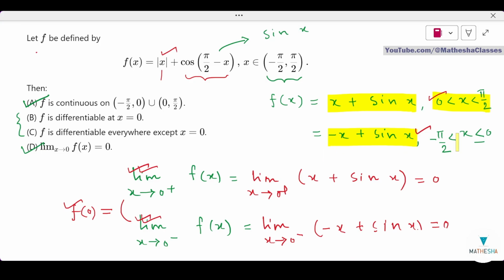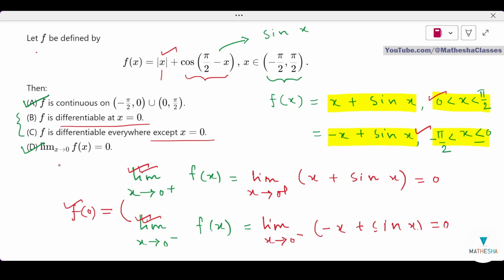So f(x) is a differentiable function on the open interval minus pi by 2 to 0. So one thing is sure, that unless x is 0, it is clearly differentiable. So to check B and C, we just need to check whether it is differentiable at x equal to 0 or not.